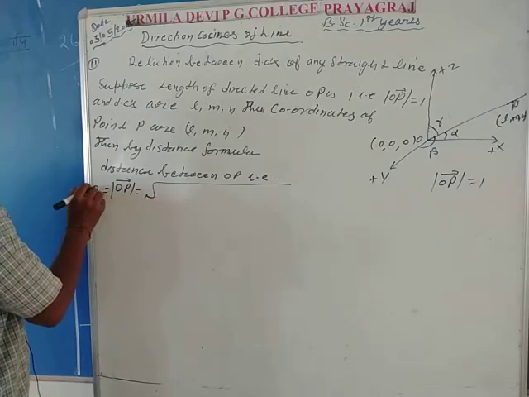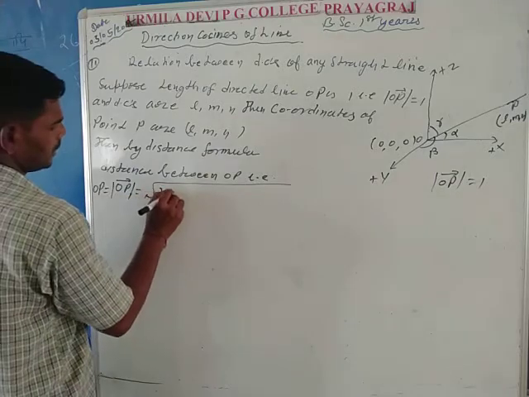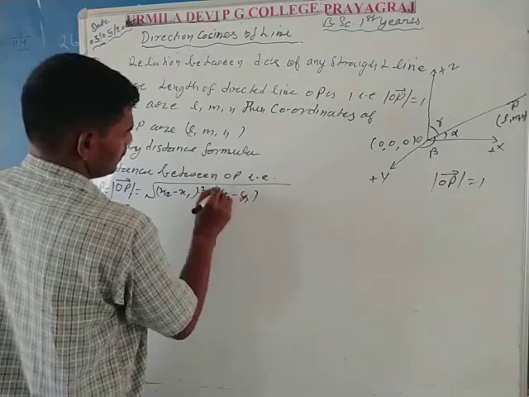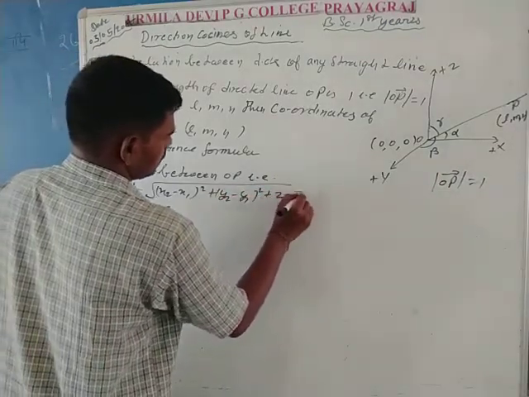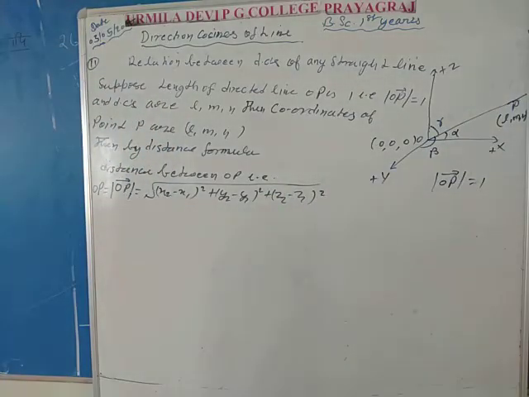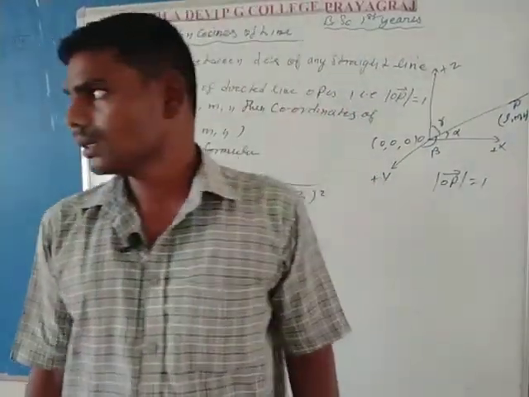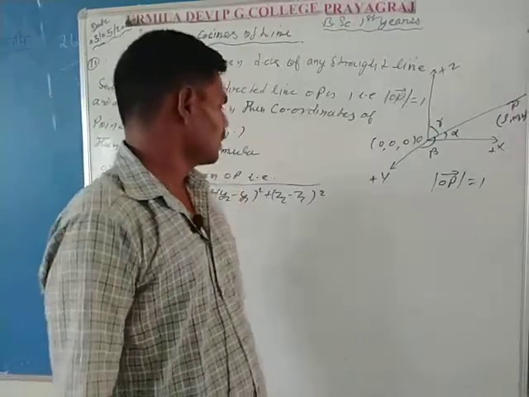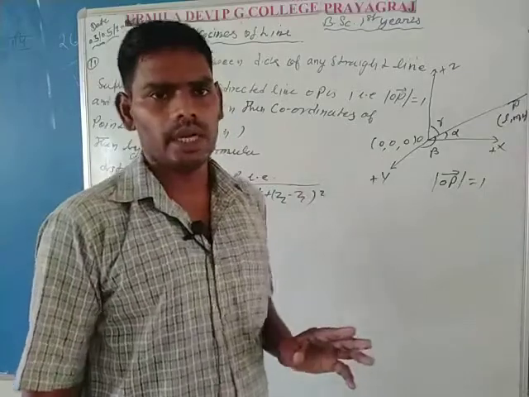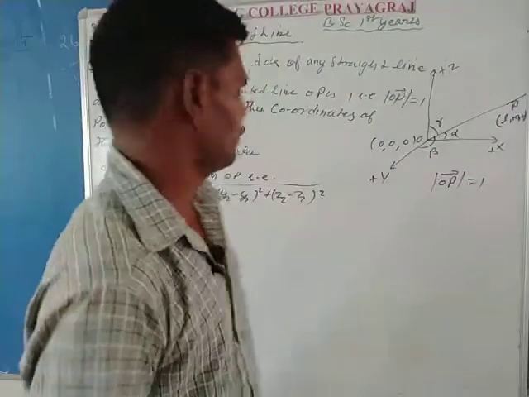OP is equal to mod of vector OP, equal to under root of (x2 minus x1) whole square plus (y2 minus y1) whole square plus (z2 minus z1) whole square. Here O is taken as the first point and P as the second point. So the coordinates of the first point O are x1, y1, z1, and the coordinates of point P are x2, y2, z2.